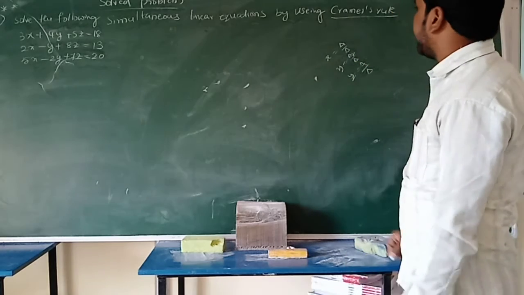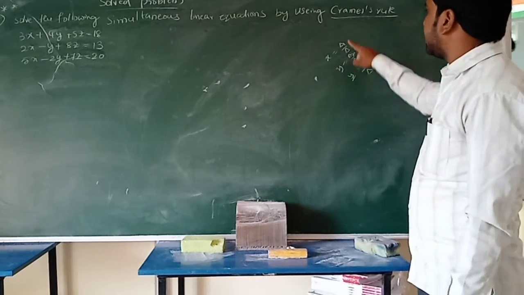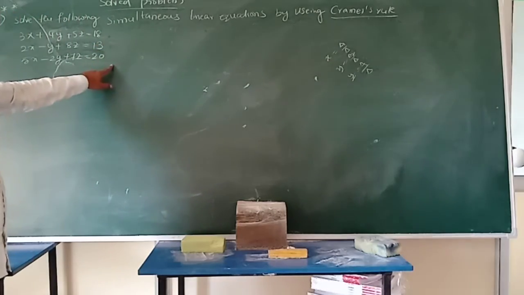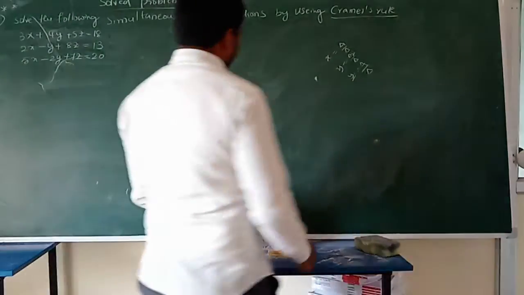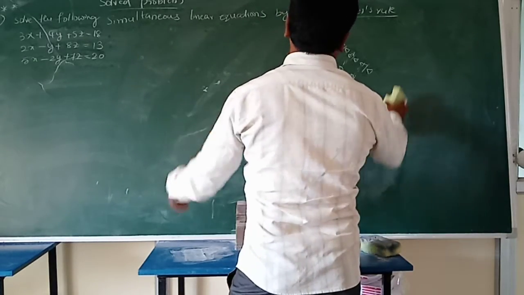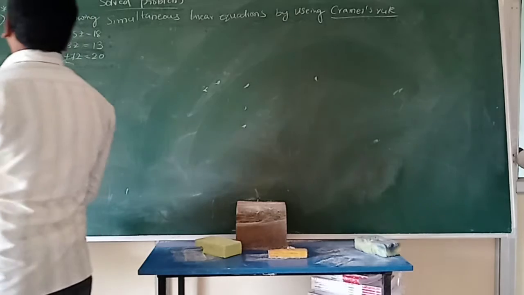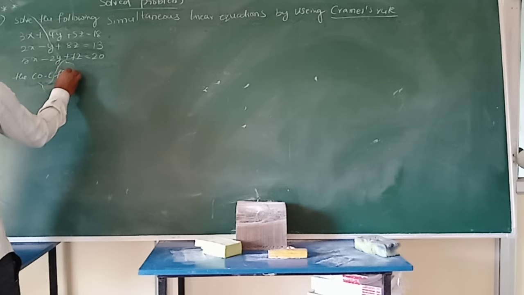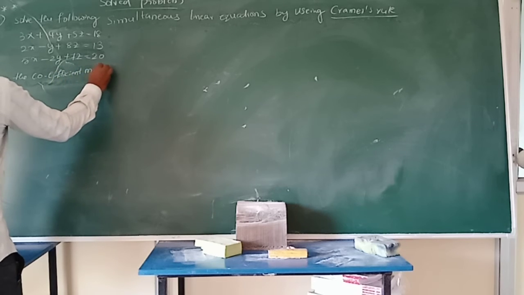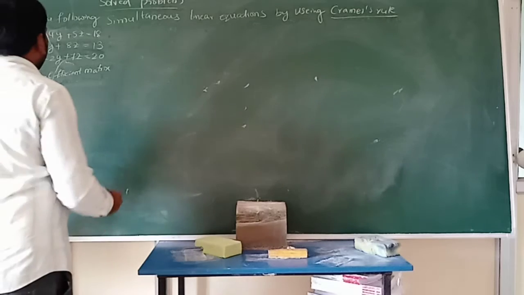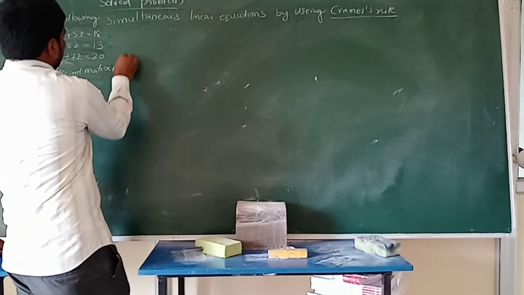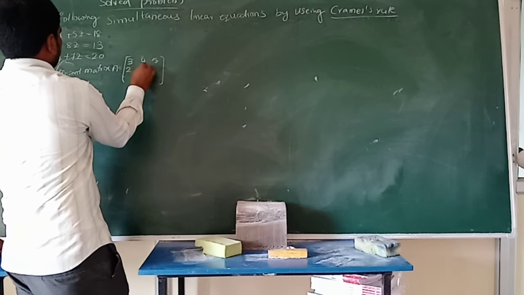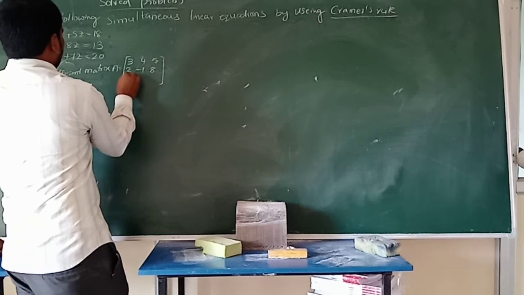Okay students, delta means the determinant of the coefficient matrix, and delta 1 means replacing the first column with 18, 13, 20. Now the coefficient matrix A is 3, 4, 5; 2, minus 1, 8; 5, minus 2, 7.